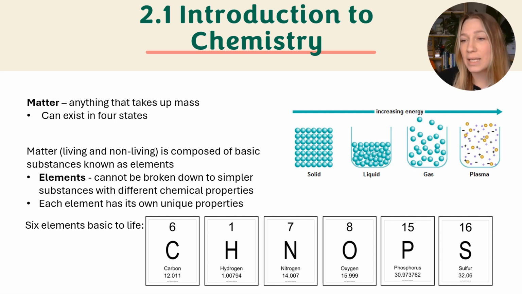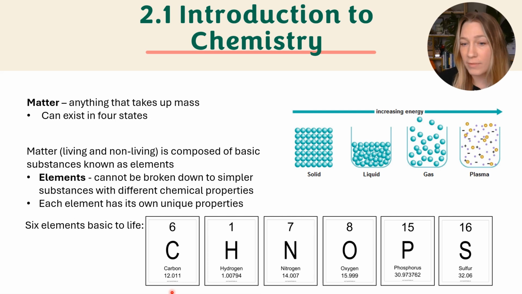There are 6 key elements that are essential for life. These are carbon, hydrogen, nitrogen, oxygen, phosphorus, and sulfur. These elements form the building blocks of biomolecules, and they make up about 95% of the body weight of organisms.